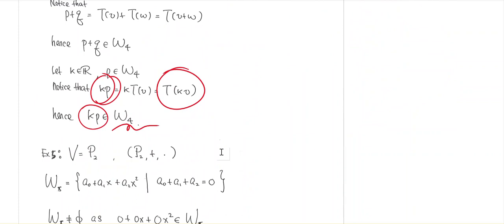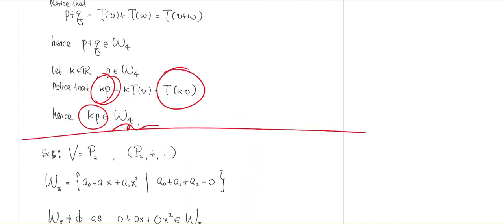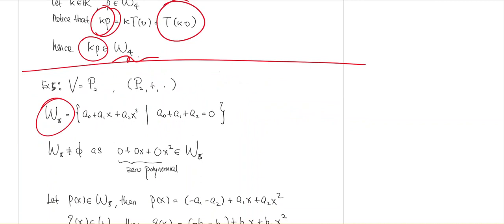One last example. The set of polynomials of degree at most 2. We know that with the usual polynomial addition and scalar multiplication, P2 is a vector space. Now we are looking at W5, which is a subset of P2. Let's make sure you understand how this set looks.